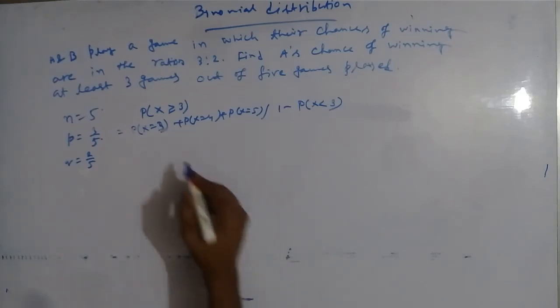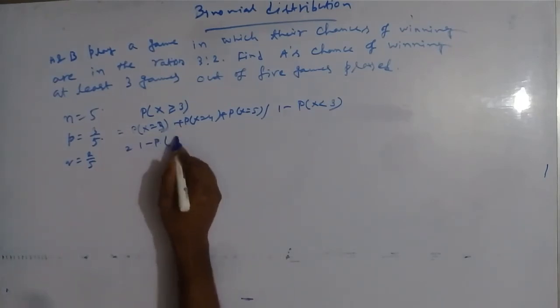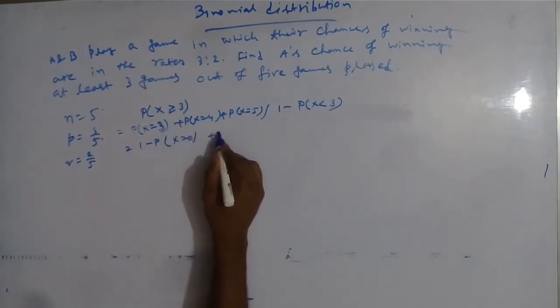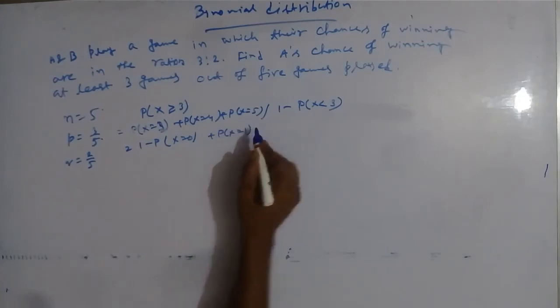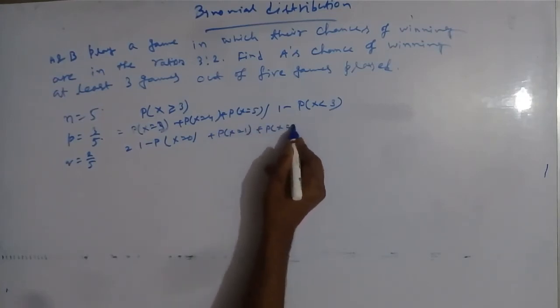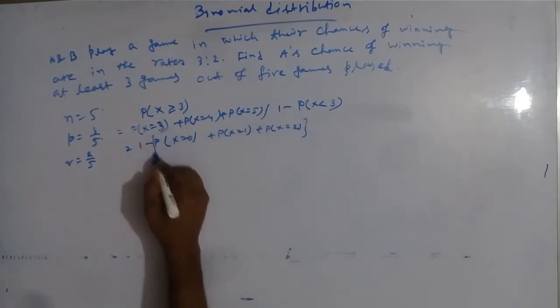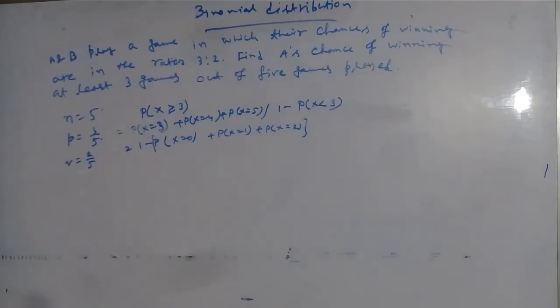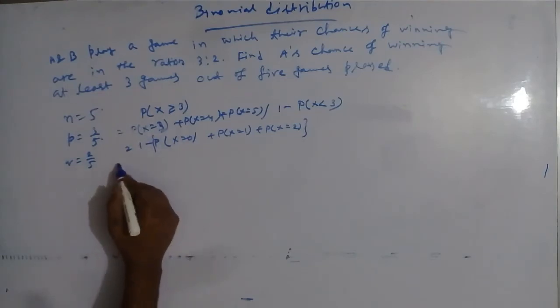That is 1 minus P of X equal to 0 plus P of X equal to 1 plus P of X equal to 2. So you have to find these 3 probabilities, and then you can get probability of X greater than or equal to 3.